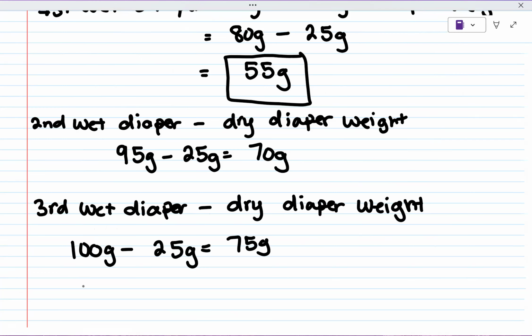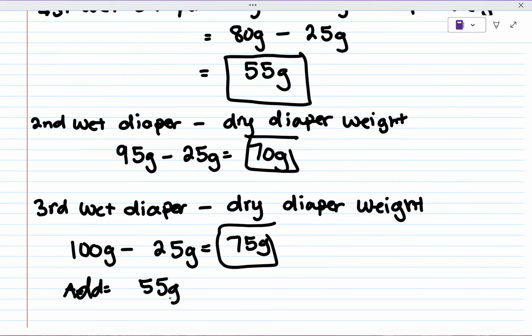Okay, so all you have to do to calculate the infant's output is add them all up. The first one was 55 grams, plus the second one was 70 grams, and then the third one was 75 grams. And when you put it all together, you get 200 grams.